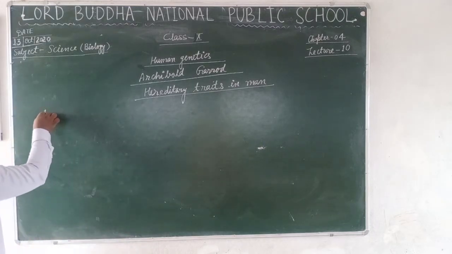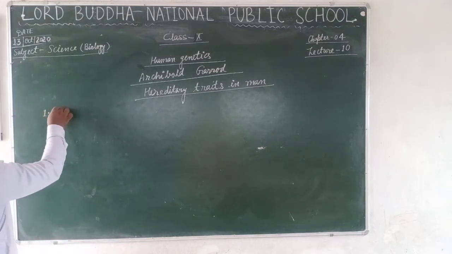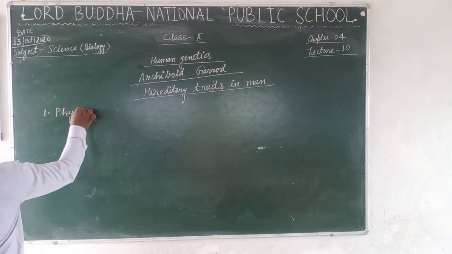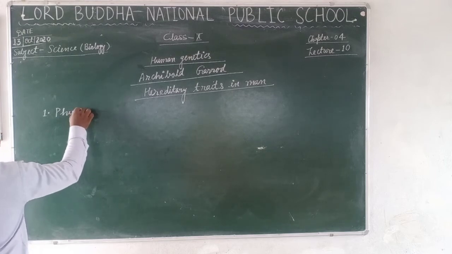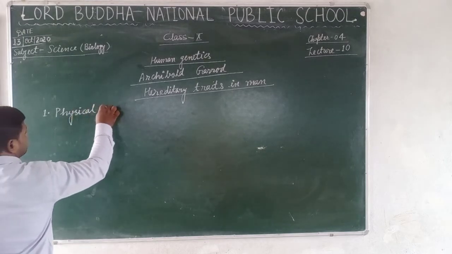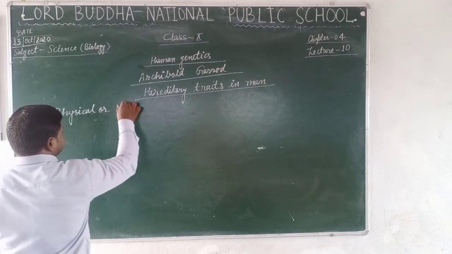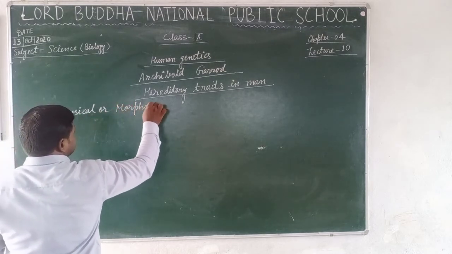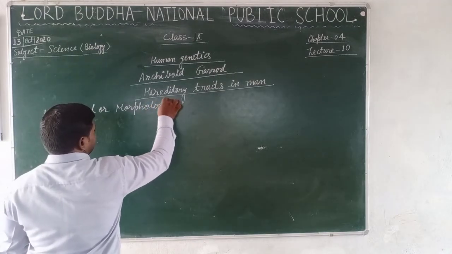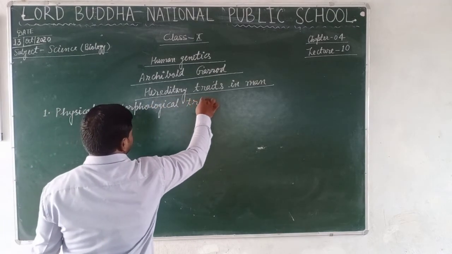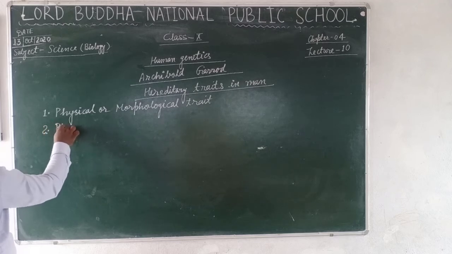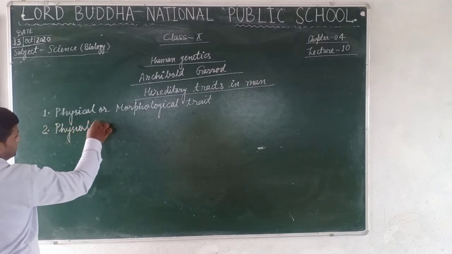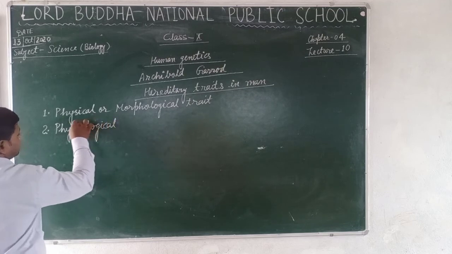The first one is the physical, or morphological, trait. The second one is the physiological traits.